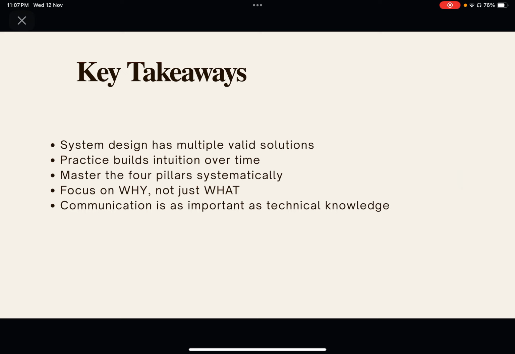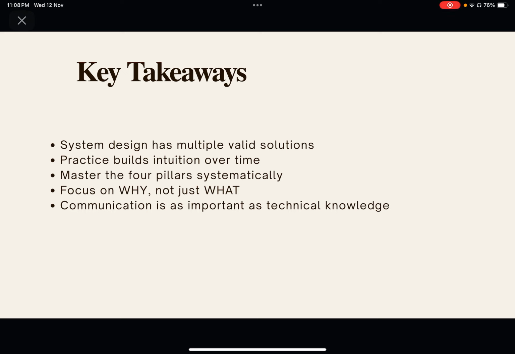Now, before we conclude, let's recap the key takeaways. First, remember that multiple solutions can work. Your job is to choose based on trade-offs, not to find the perfect answer. Second, practice consistently because intuition develops over time. The third one is to master all four pillars that we have discussed systematically.